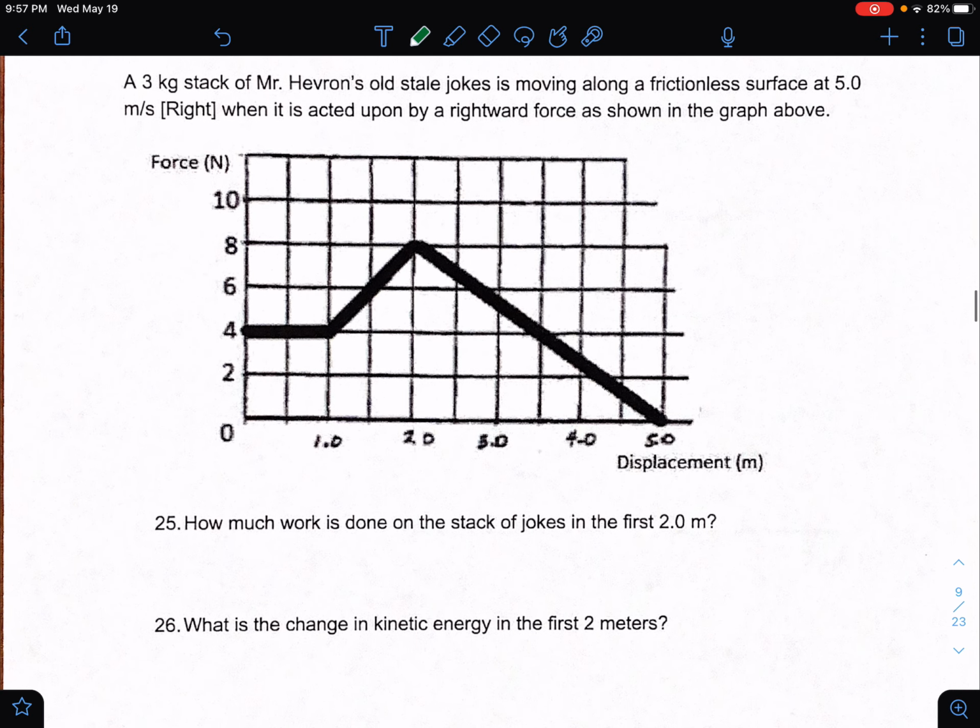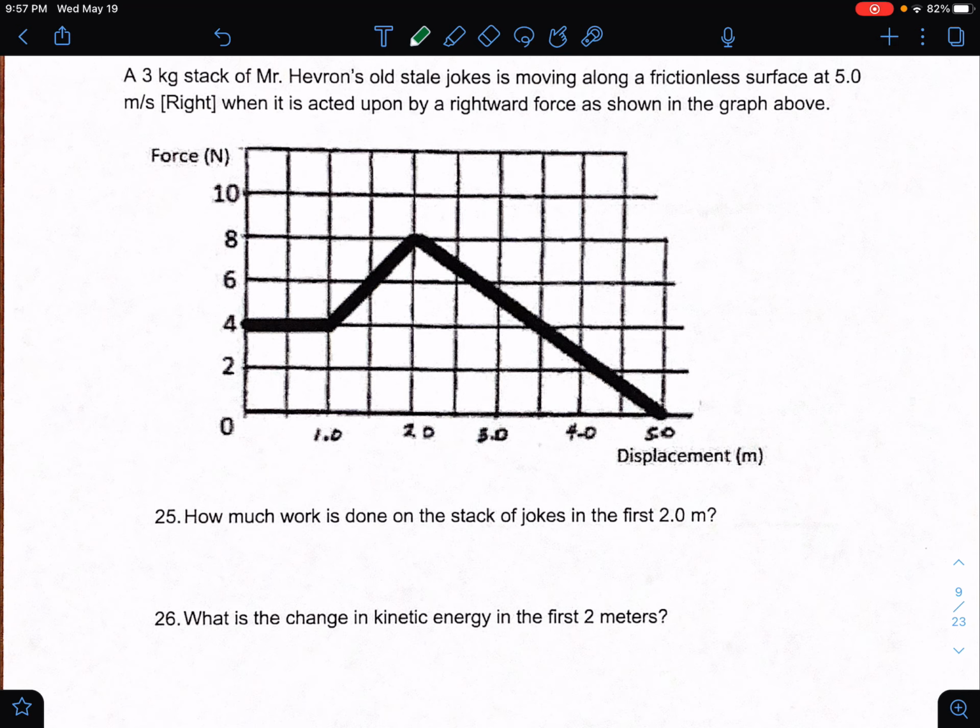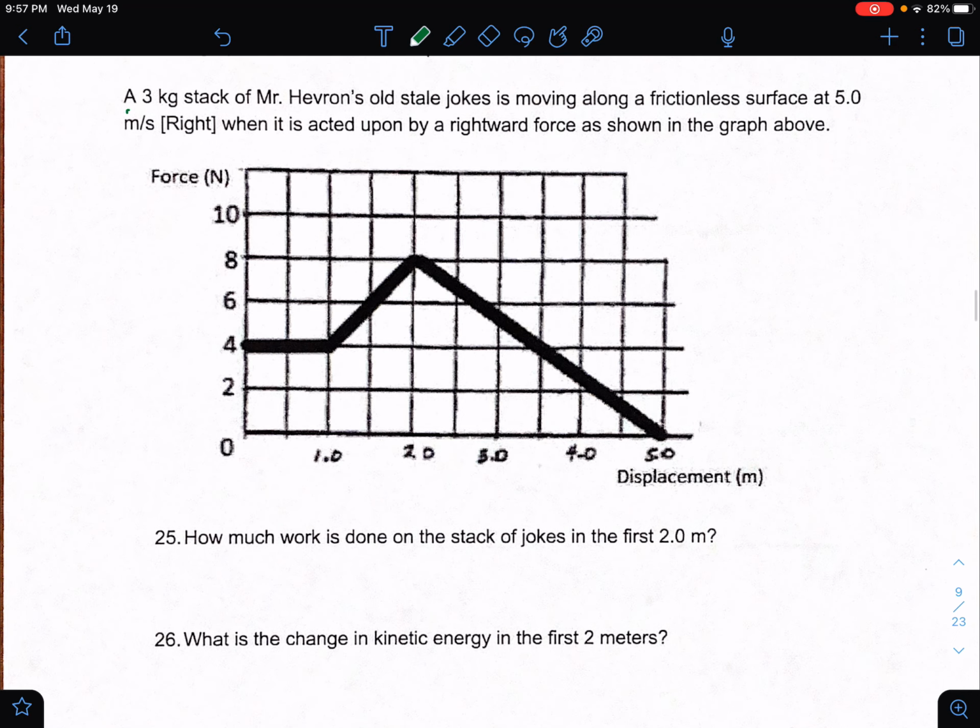Okay, we have another graph problem. So basically same concept here. We're looking at area under the graph. Don't forget the stuff that they give you up here. You have a mass 3 kilograms and initial velocity of 5 meters per second. So how much work is done on the stack of jokes in the first 2 meters? Again, you're going to break this up into triangles and squares.